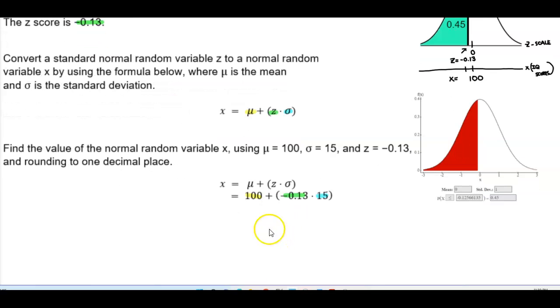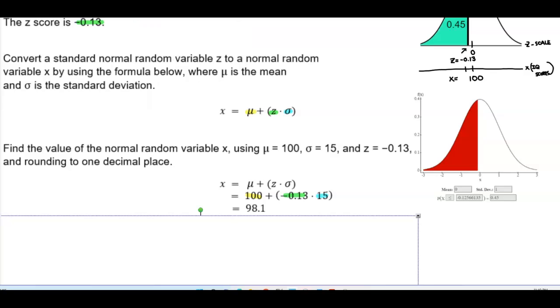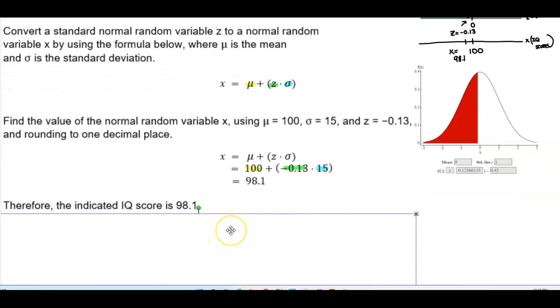Remember order of operations: we take negative 0.13, multiply it by 15, and then add 100, and we get the value of 98.1. So if we look at our graph, this x should be 98.1, which is right below the 100. Therefore, the indicated IQ score is 98.1.